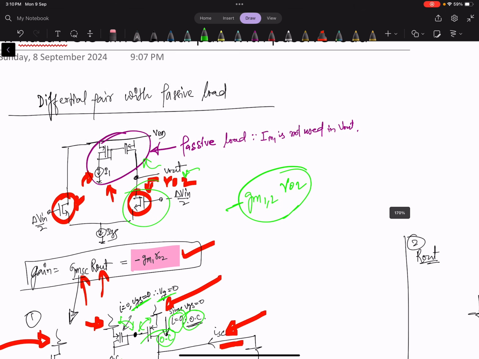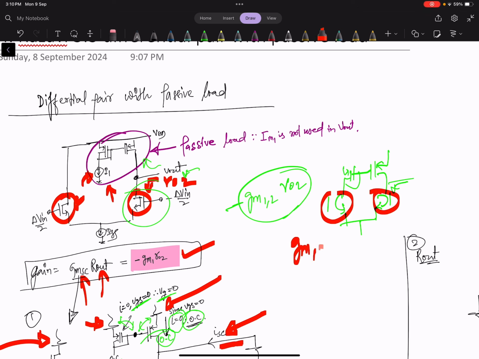But in the active current mirror load, the gain used to be defined by an equation something like this: gm of these two, so that is gm12, multiplied by r_o4 parallel r_o2.